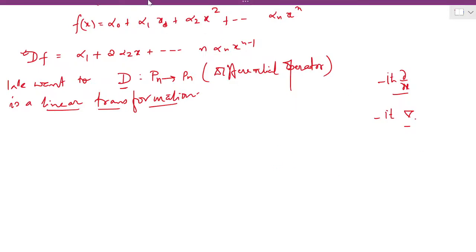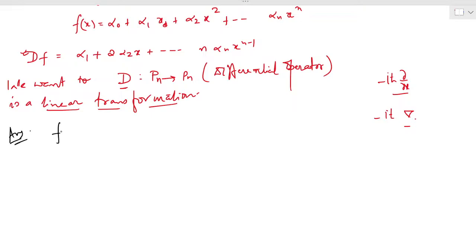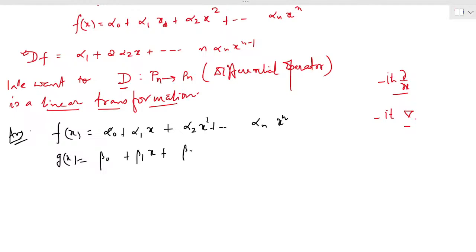So let me take f(x) given to you as alpha naught plus alpha 1 x plus up to alpha n x^n. Okay, this is one. And let us take g(x) to be equal to beta naught plus beta 1 x plus beta 2 x square up to beta n x^n.